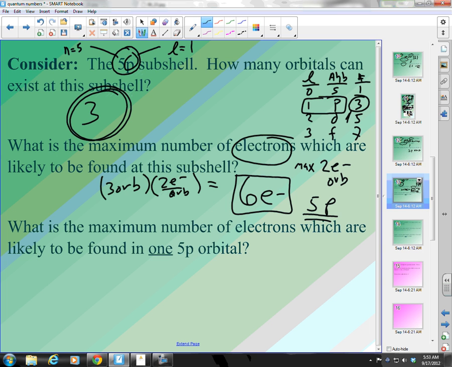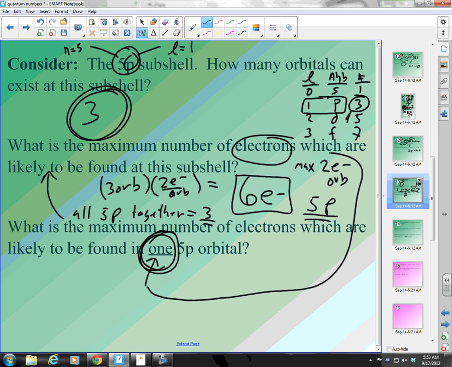What is the maximum number of electrons which are likely to be found in one 5p orbital? This question is asking about just one orbital, not all the 5p orbitals together, right? There were 3 orbitals, but now we're looking at 1 orbital. According to Pauli, how many electrons can be found in 1 orbital?